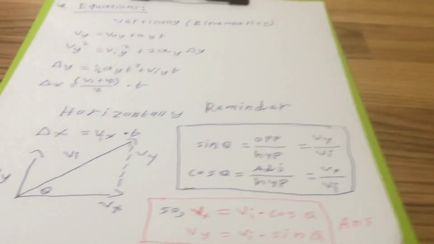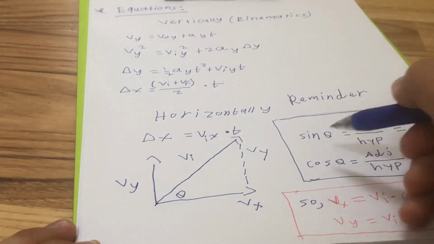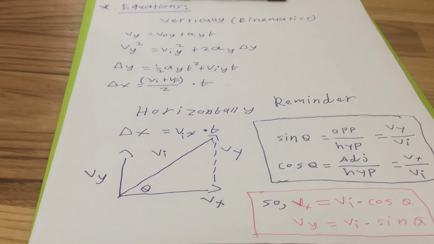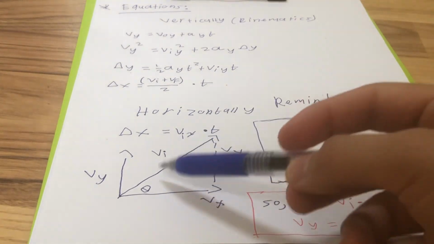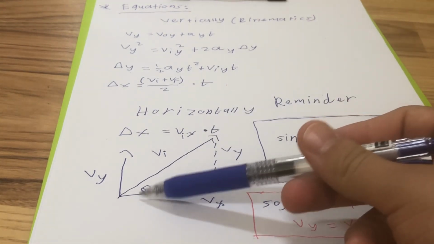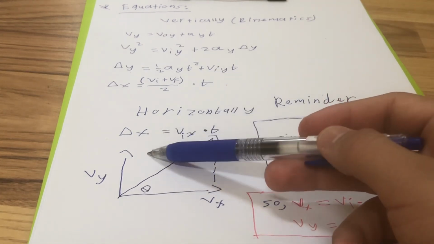So here, the opposite of this angle is Vy, and the hypotenuse is Vi.